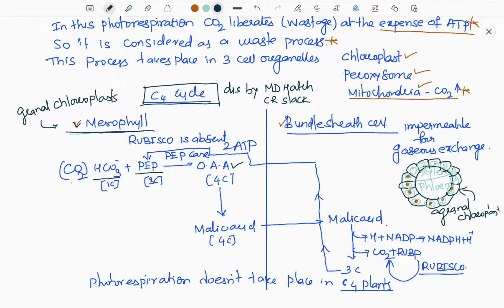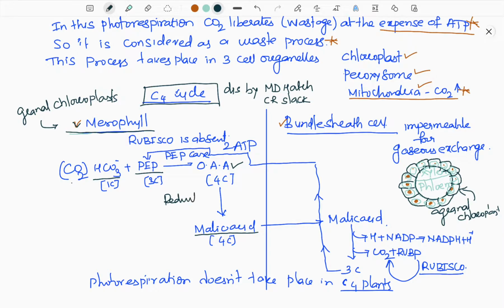Right. So now, this oxaloacetic acid, whatever is the prime product of the primary carboxylation by PEP, will convert into malic acid. By reduction, it will convert into malic acid.